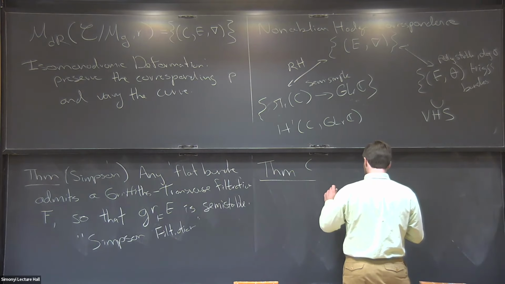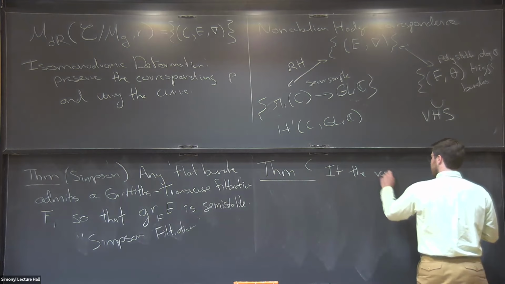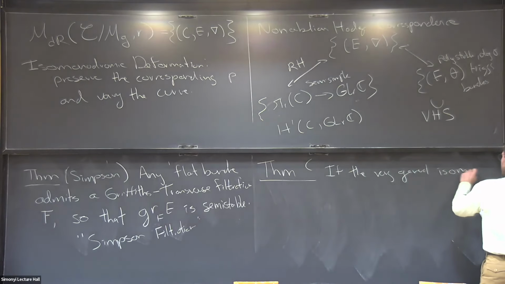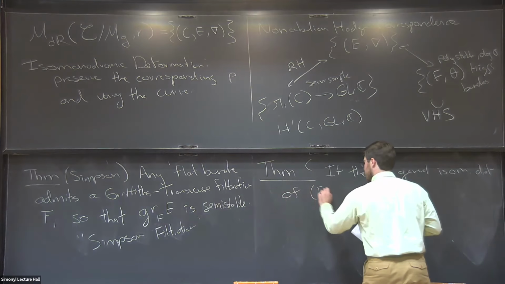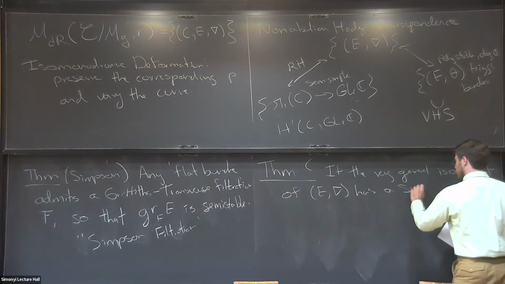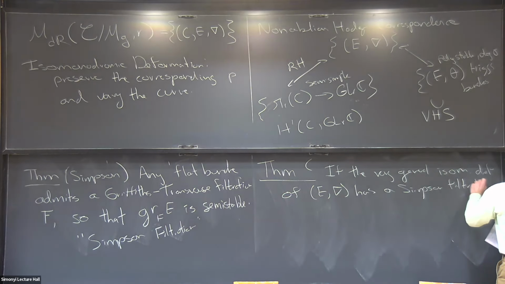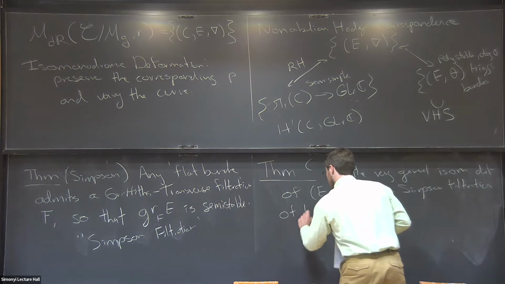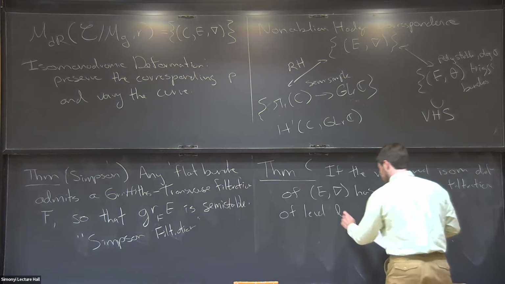So if the very general isomonodromic deformation of (E, ∇) has a Simpson filtration of level L, then the same rank bound holds.